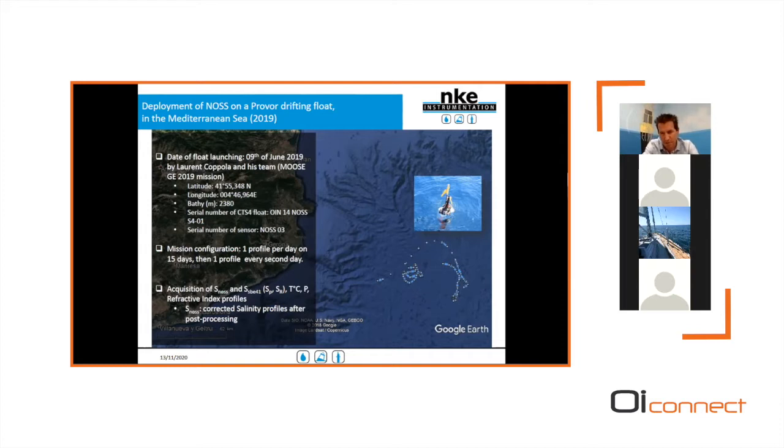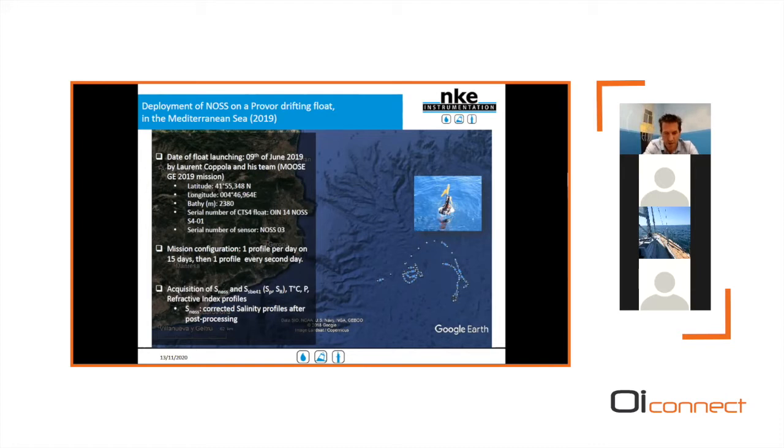The objective of this cruise was to identify the effect of biofouling on the measurement, and to qualify and provide a maximum of salinity profiles with the NOSE sensor.